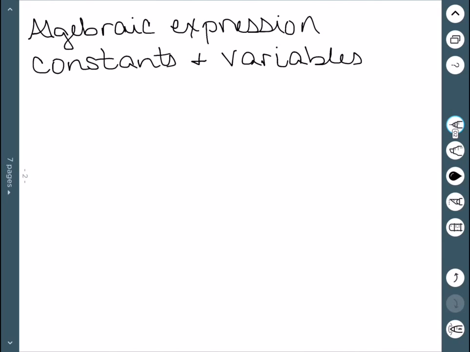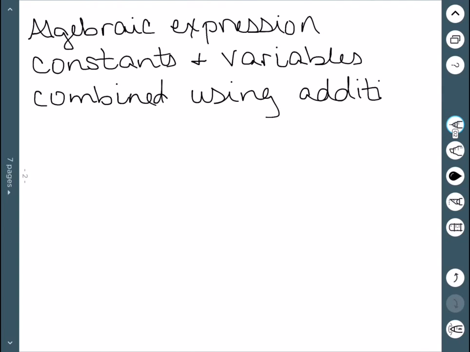that are combined using addition, subtraction, multiplication, and division.